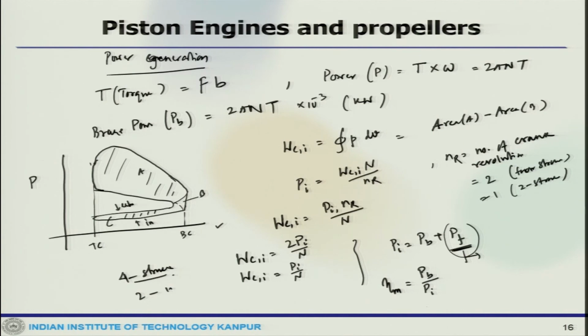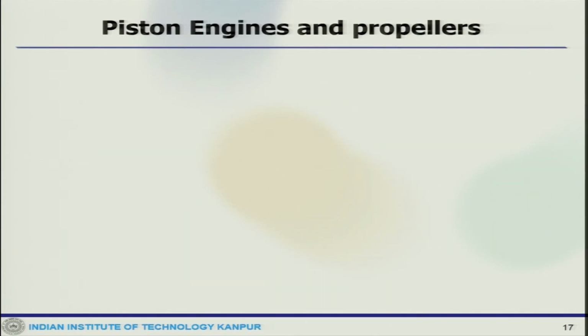Now, there is another parameter to describe these engines, the MEP, which is mean effective pressure.